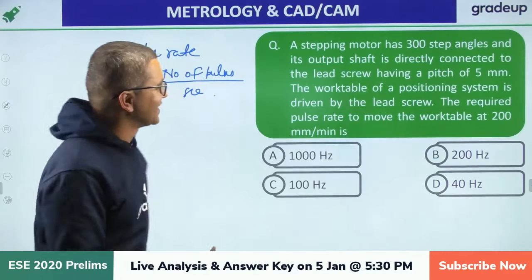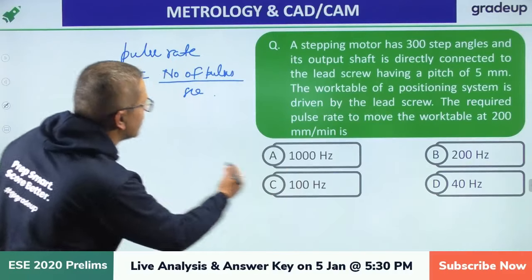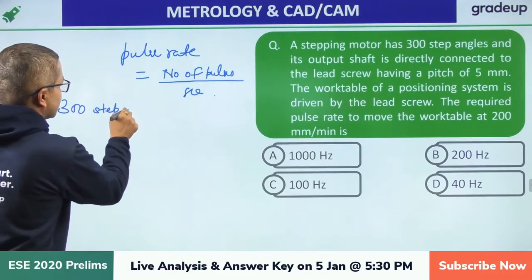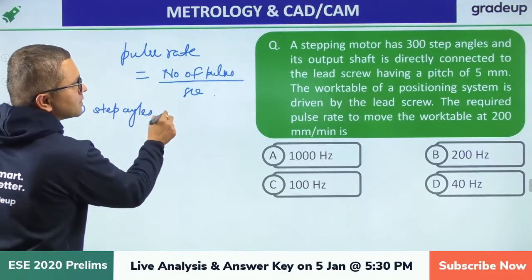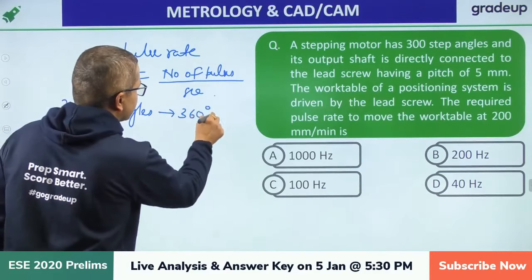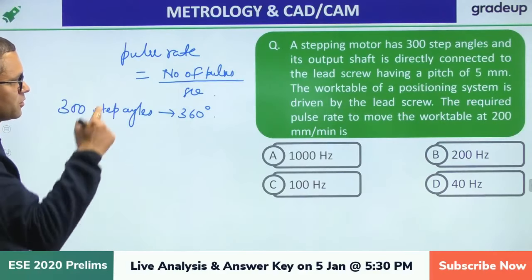Mato says B. Okay, fine. So I think this glitch has continued, so I'm going to complete it quickly. So it says that 300 step angles correspond to 360 degrees, right? Because it's a motor, it rotates.